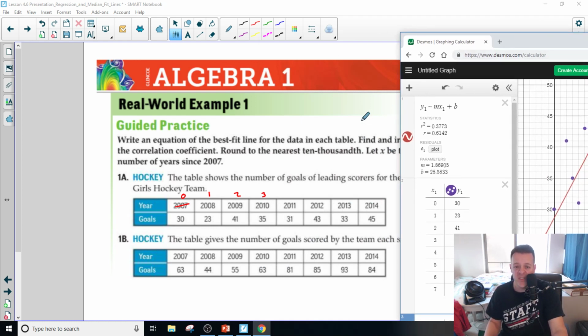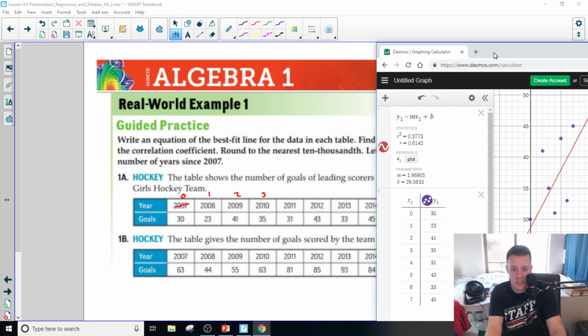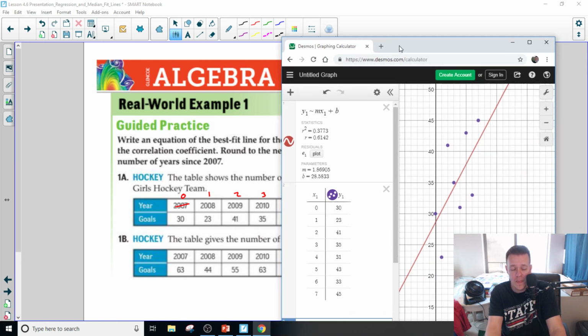So if you are finished, if you put this in Desmos properly, you should have gotten this set up, okay? So what do my data points here show? A positive correlation. Is it strong? Anything above a 0.5 technically is a strong correlation.